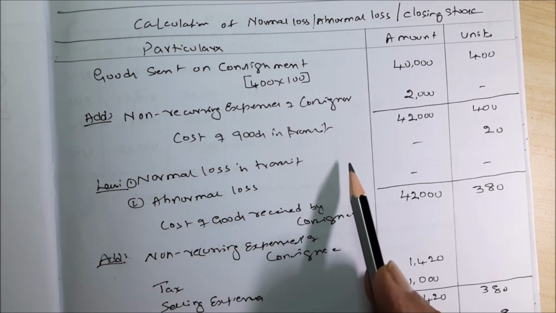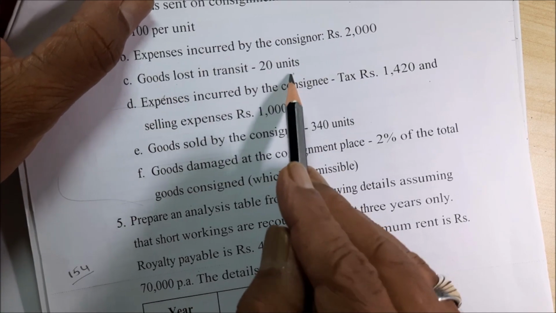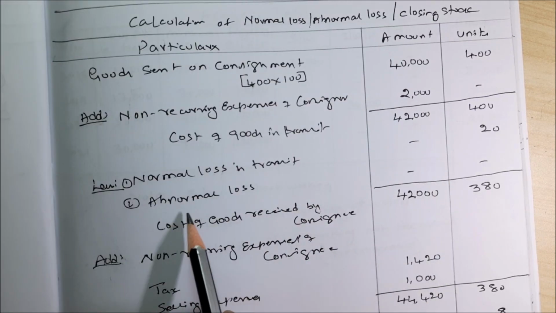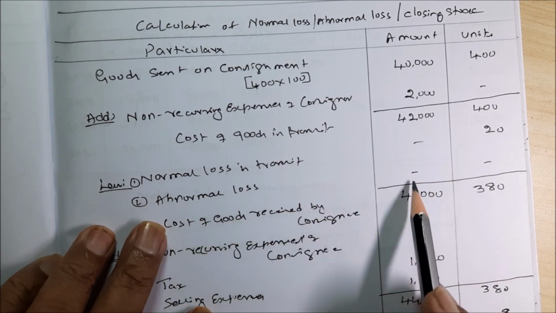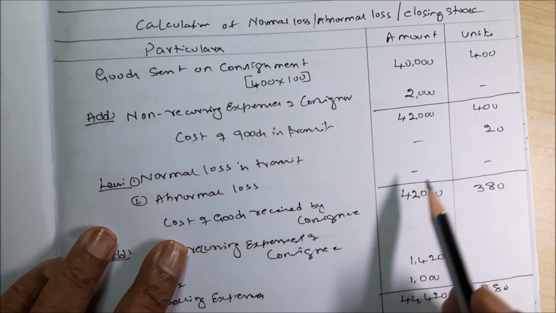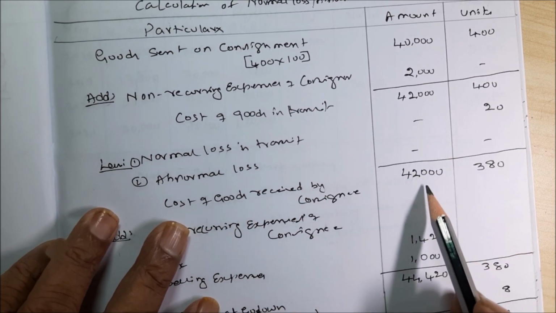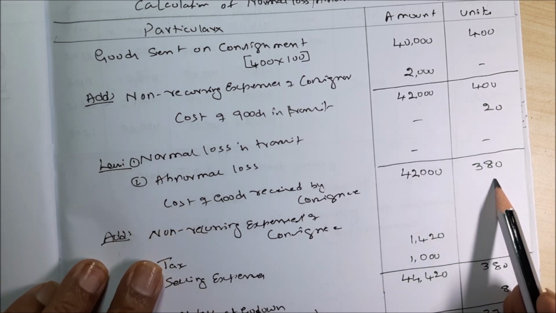Less normal loss in transit. They have given in the problem that goods lost in transit is 20, so I have written normal loss in transit 20. Abnormal loss has not been given. So cost of goods received by the consignee is 42,000 minus 20 units, which comes to 380 units.